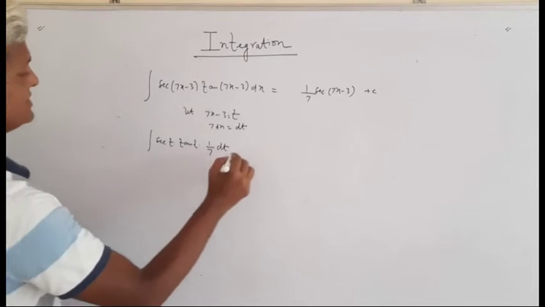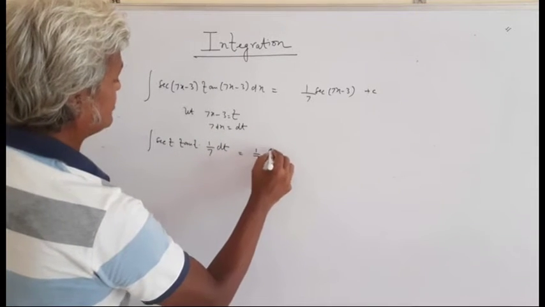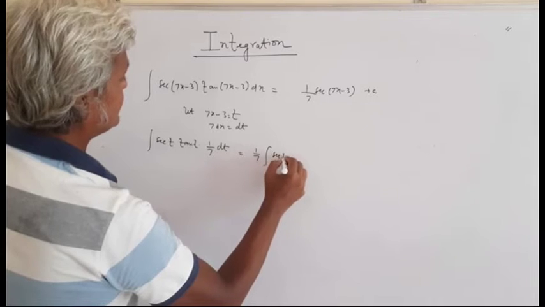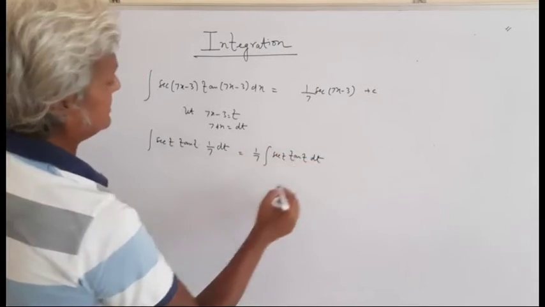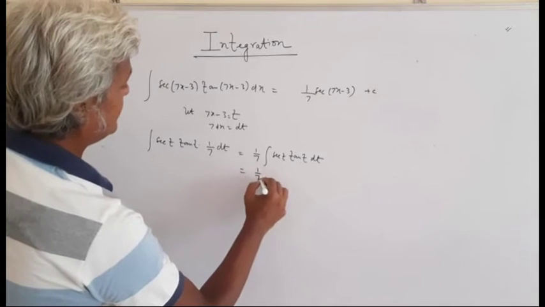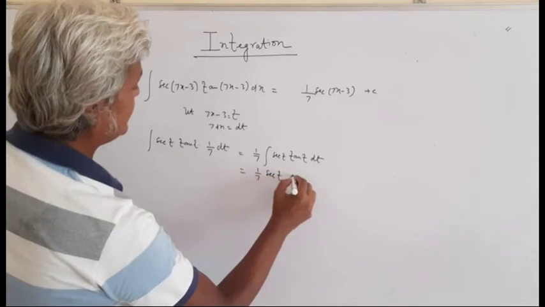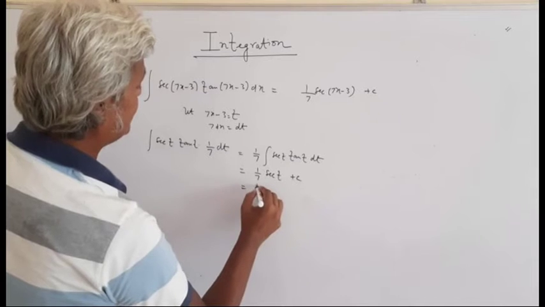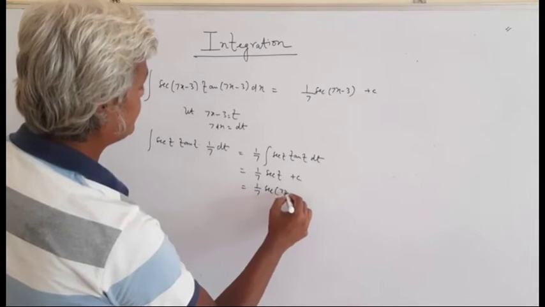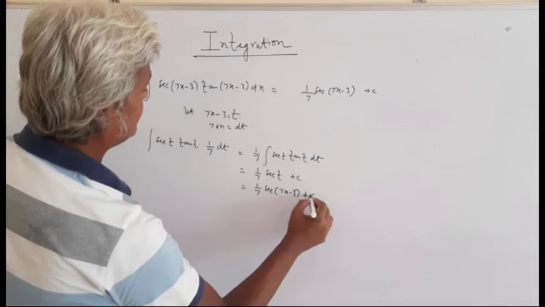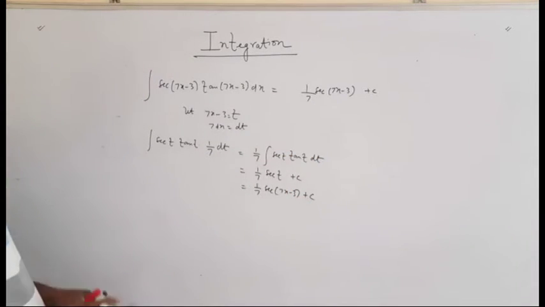So 1 over 7 is a constant and comes outside, and this is sec t tan t dt. Now this is 1 upon 7 sec t plus c. Now put the value of t back into the expression, so sec 7x minus 3 plus c. This is how we have got all these formulas.